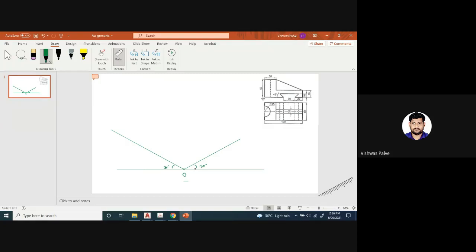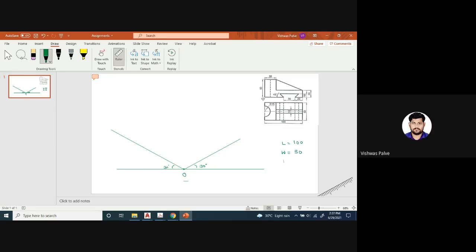Now tell me, what is the maximum length, width, and height of this problem? Can anyone tell me? Maximum length is 100 millimeter. Maximum width is 50 millimeter.